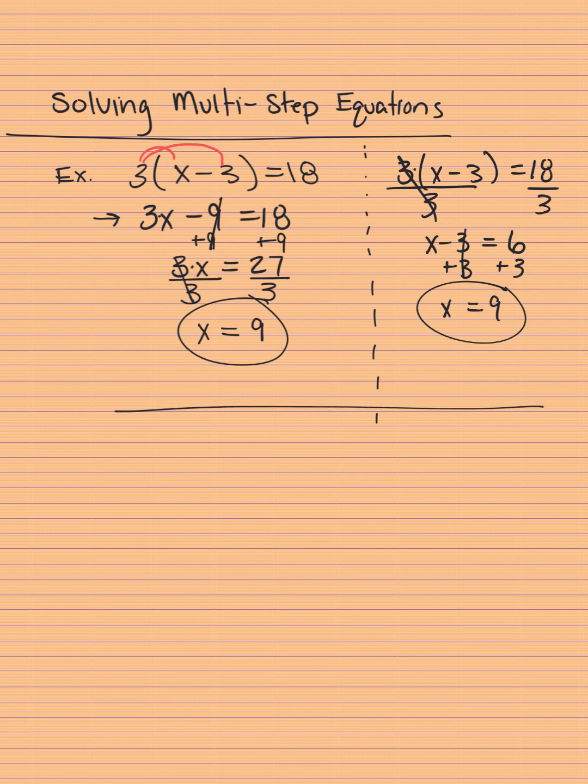Okay, we'll do another example just with variables on one side. So let's say we've got something like equal to negative 18.